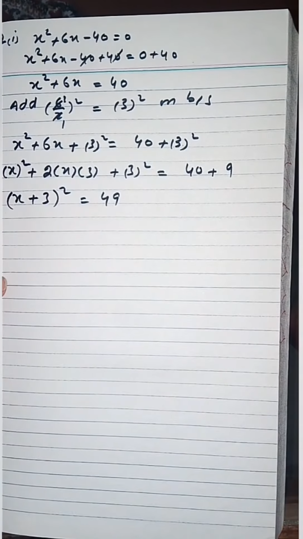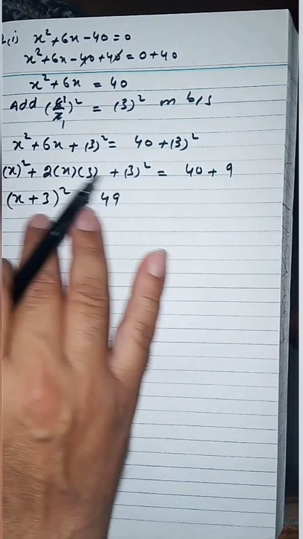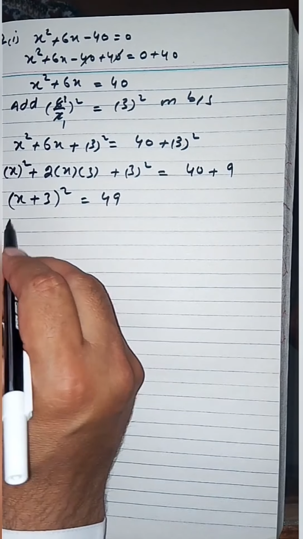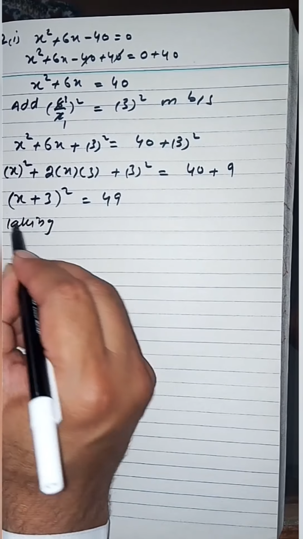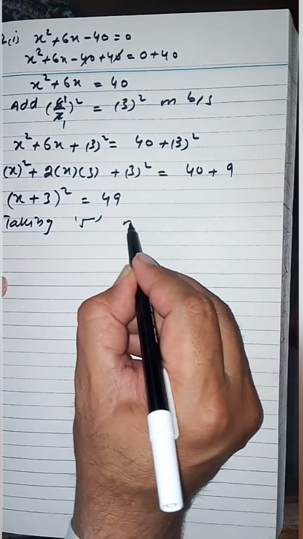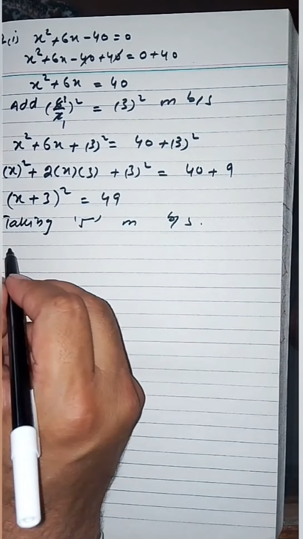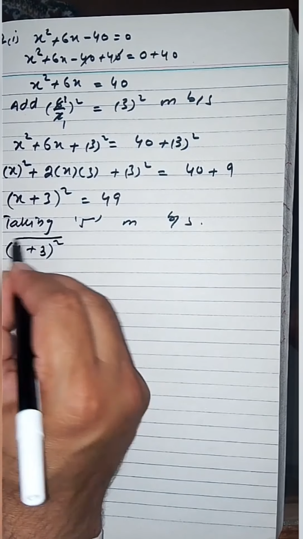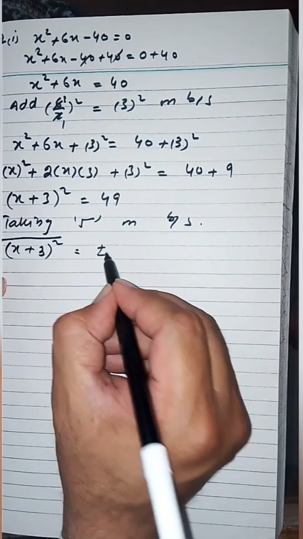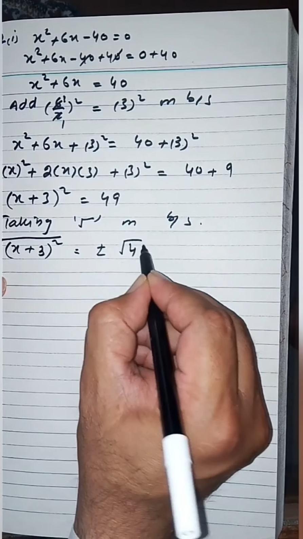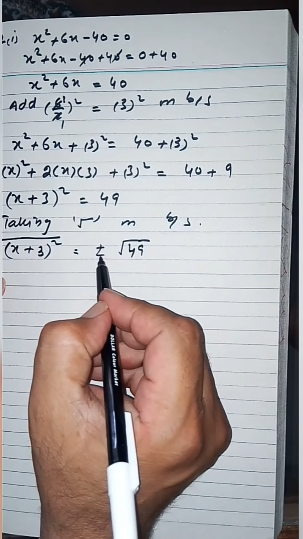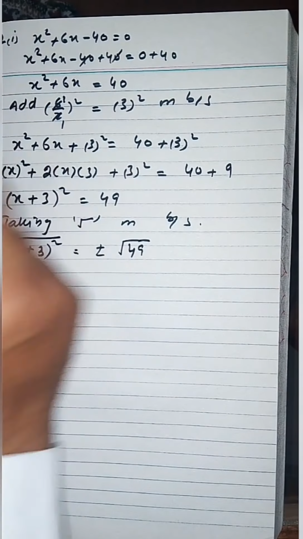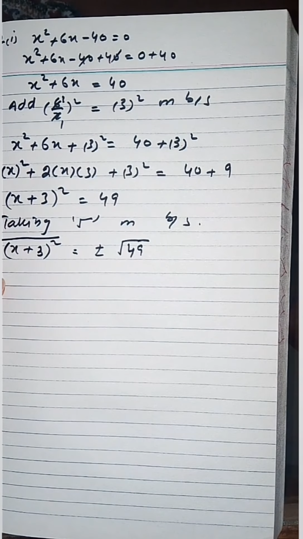Now the third step is that we will take square root on both sides. Taking square root on both sides, we get the square root of x plus 3 whole square equals plus minus the square root of 49. We write here plus minus because it is a quadratic equation and there will be two solutions.